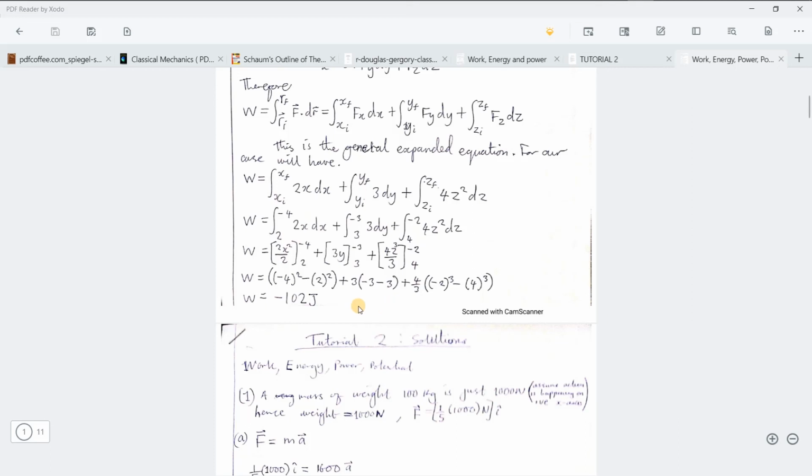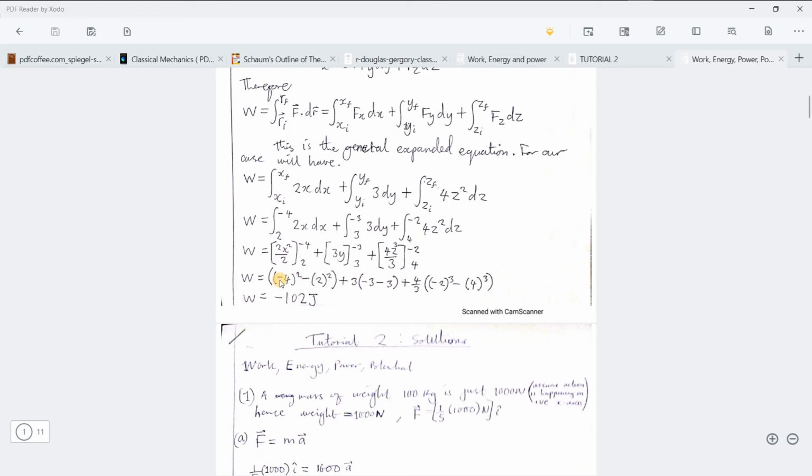We get that. So our work will be equal to this expression. Now this is just the simplified form of this expression. You simplify this, you get this. You simplify this, you get this. You simplify this, you get this.